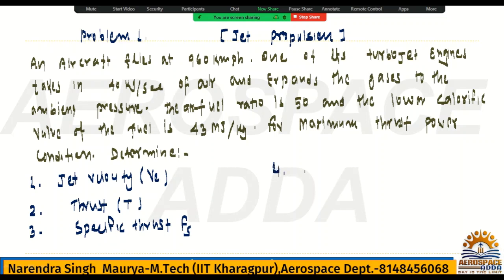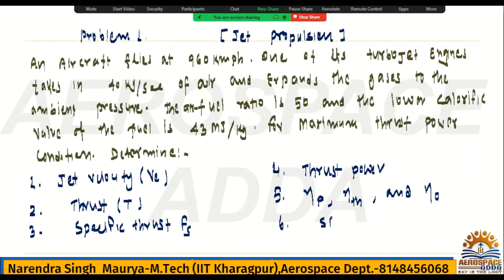Number 4, thrust power. Number 5, propulsive efficiency, thermal efficiency and overall efficiency. Number 6, SFC.